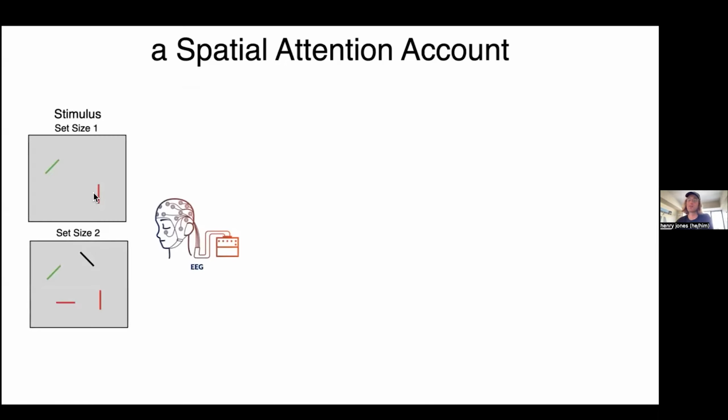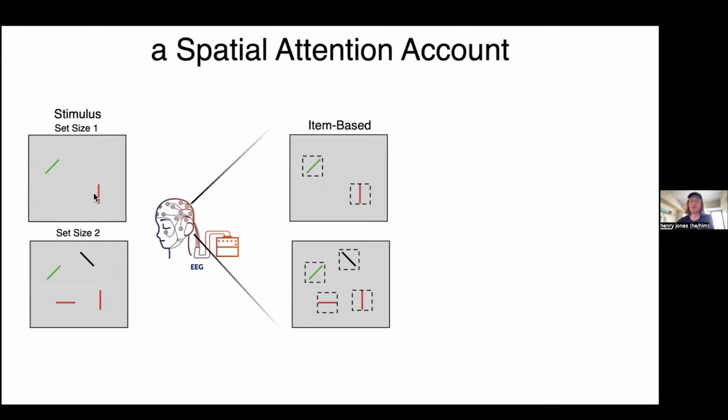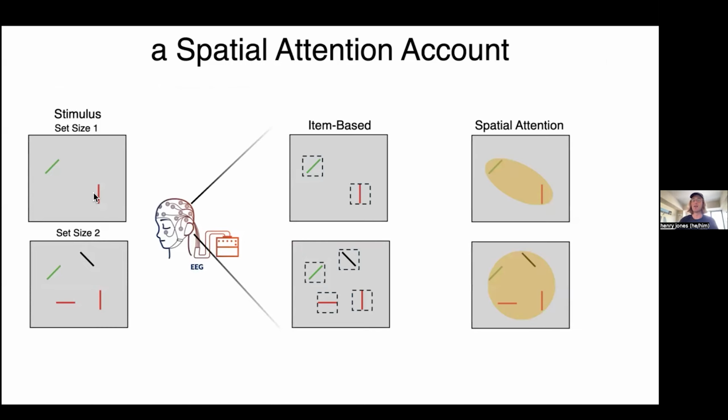So the general spatial attention account is that when we have our participants remembering these different set sizes, what we've perceived as some load signal scaling with the items in working memory is actually a signal reflecting the breadth or allocation of spatial attention as it spreads out at higher set sizes.